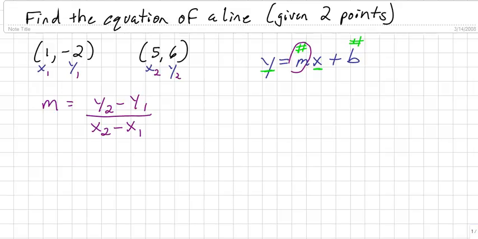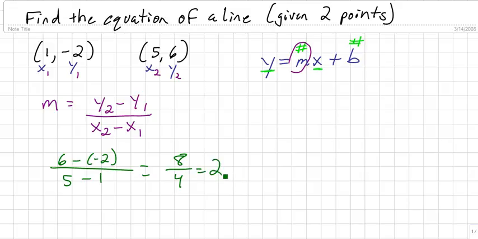So I substitute those values in, and I get 6 minus a negative 2 over the quantity 5 minus 1. So 6 minus a negative 2 ends up being 8 over the quantity 4, which simply equals 2. So 2 essentially equals my slope.